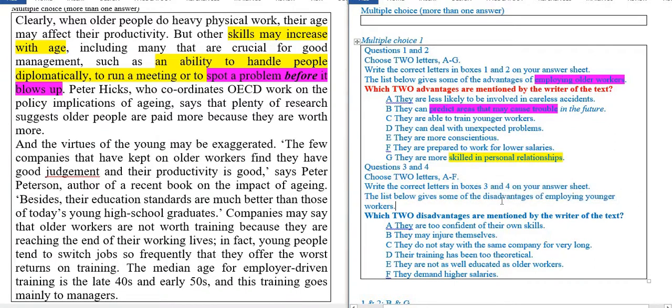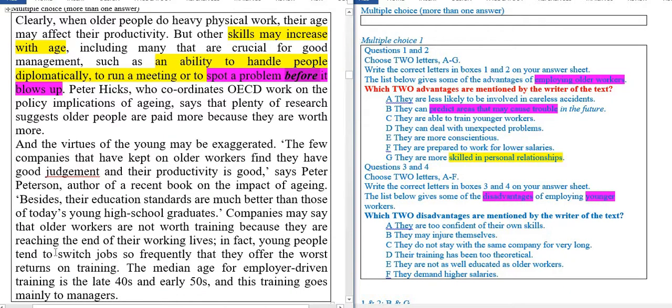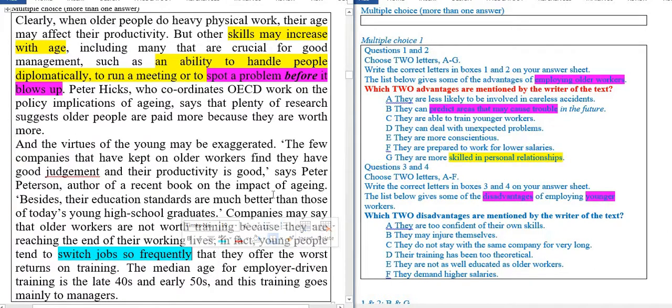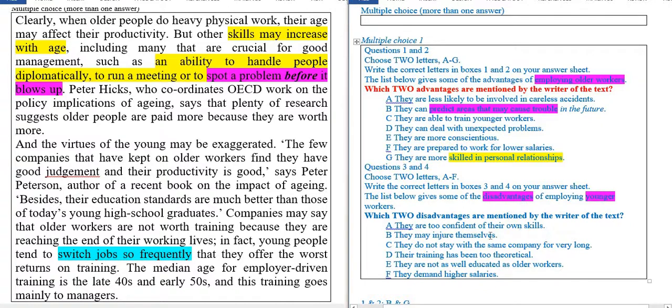Now, disadvantage of younger employees. I'd say switch jobs so frequently. So it is connected here with do not stay for a long time.